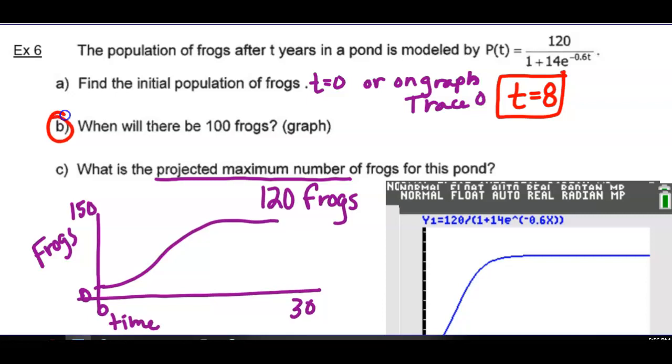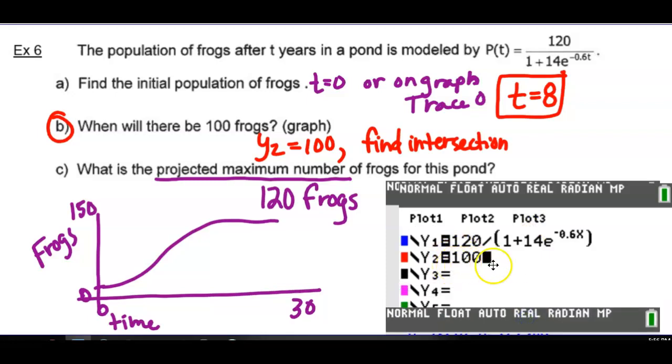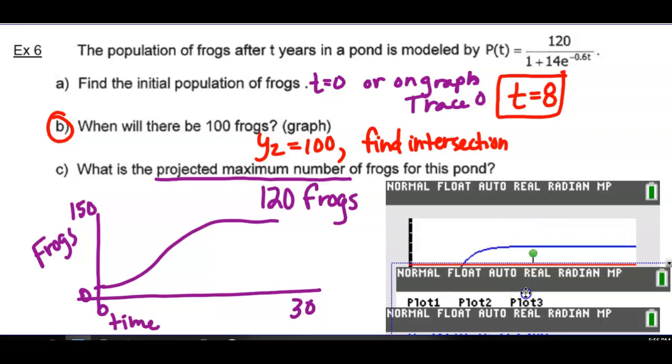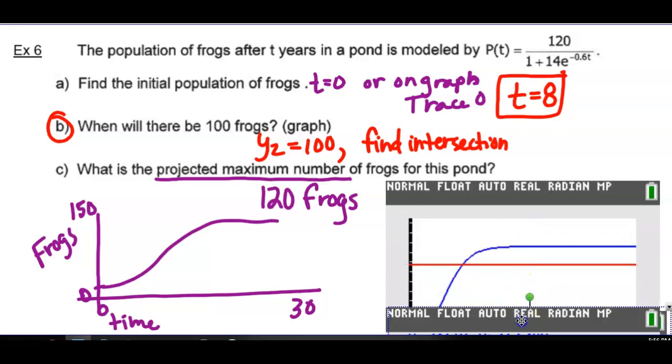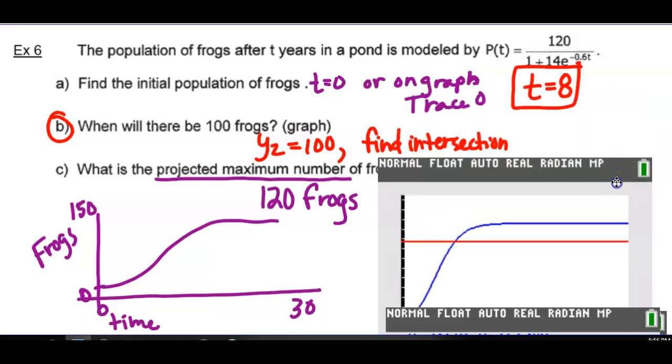Now, this is the trick. When will there be 100 frogs? And this is the question it asks on the quiz. The way to solve this is to put into y2 the line 100 and then find the intersection. So I went to y2 and I put in the line of 100, and it graphed it in a different color. So I'm trying to figure out here, when did the number of frogs hit that line? Oh, great.